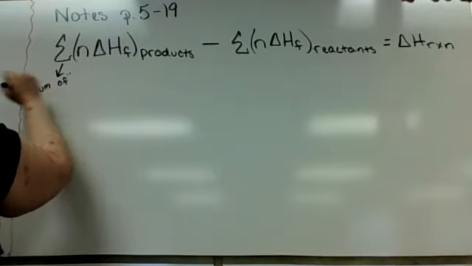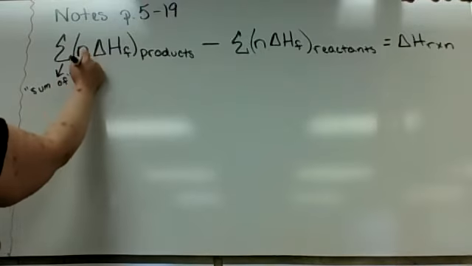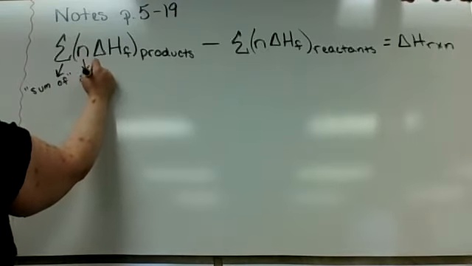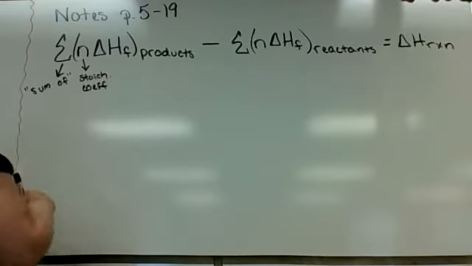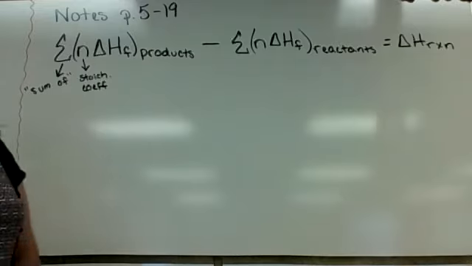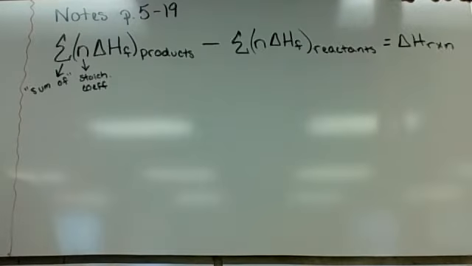So you're going to take the stoichiometric coefficients, that's the n, and then multiply by the enthalpy of formation of the products for each product. And then you're going to subtract the same thing, the sum of the stoichiometric coefficient times the heat of formation of the reactants, each reactant.